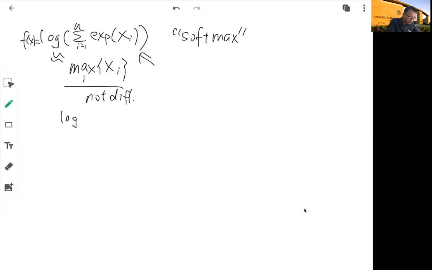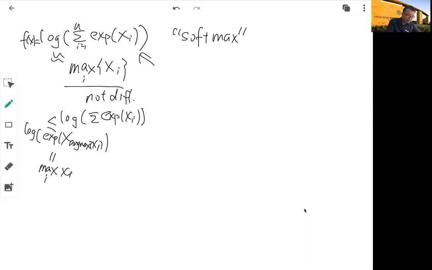First of all, log is a monotonic function, so I can clearly see that log sum exponential is greater than log of exp of x with its index replaced with the argmax of x_i, and that gives me max of x_i.